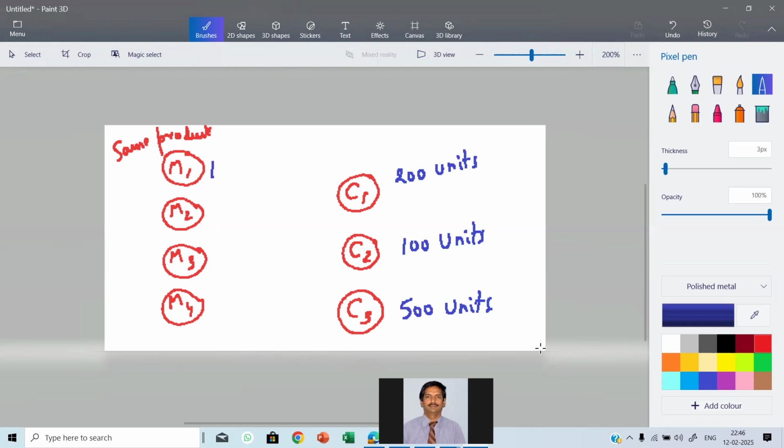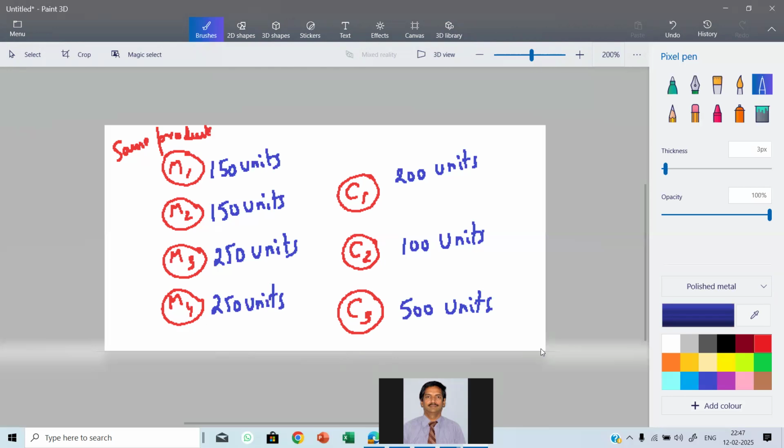Suppose M1 capacity is 150 units, M2 capacity is again 150 units, M3 capacity is 250 units, and M4 capacity is 250 units, right?